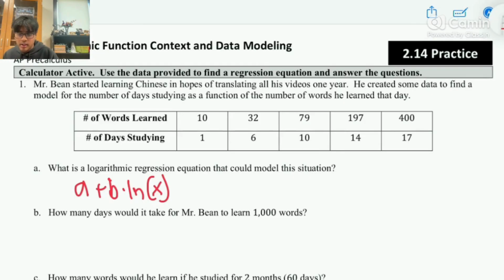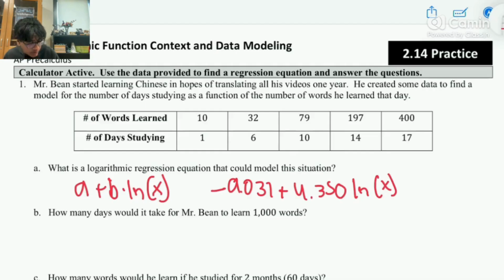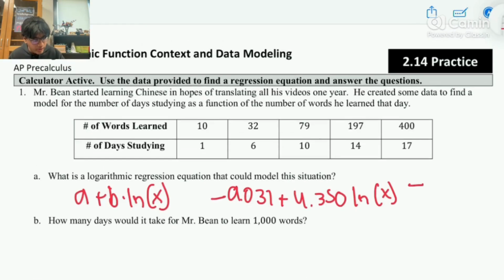So if you're doing it right, for a you should have 9.03031 plus 4.350, remember the 3 decimals, ln of x. So that's what it should look like, equals f of x.